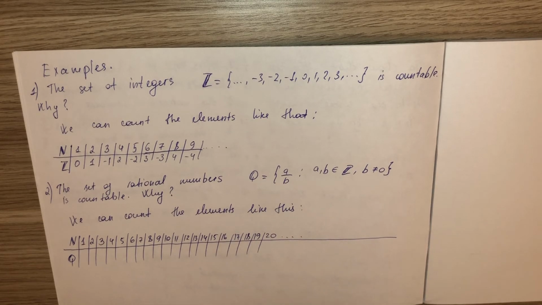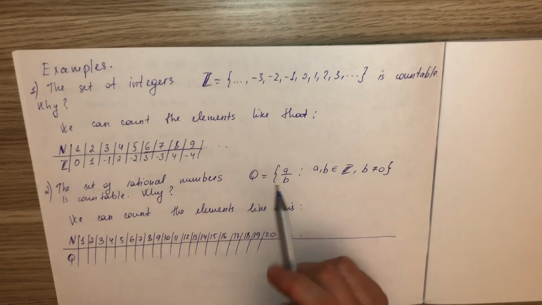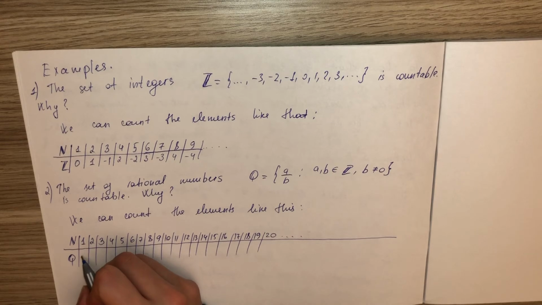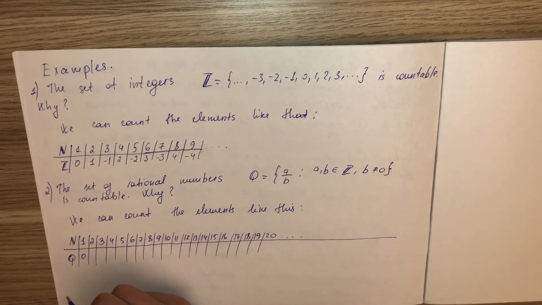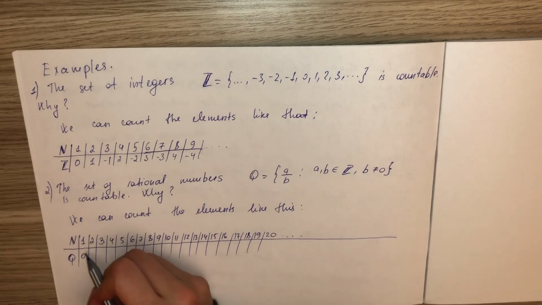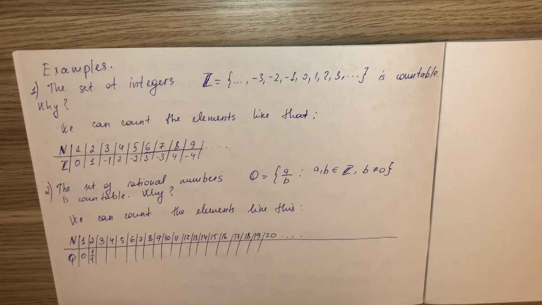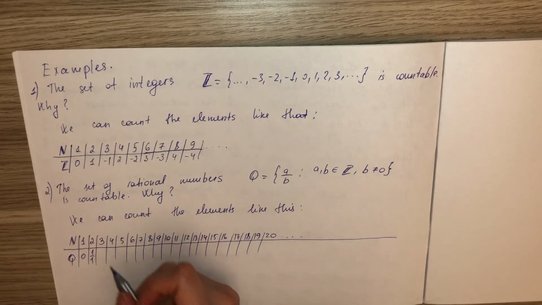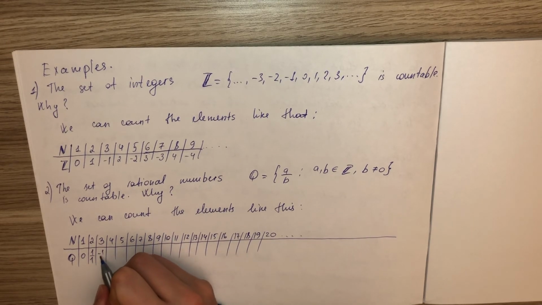Let's start the set of rational numbers with 0 again and write the fraction as the denominator should be 1, and we should write the numerator minus 1 also.